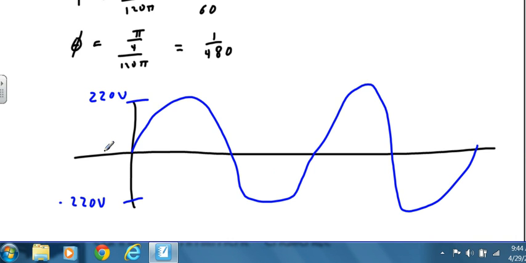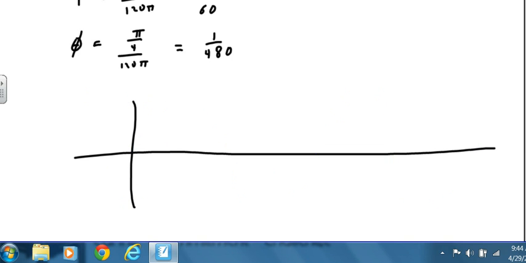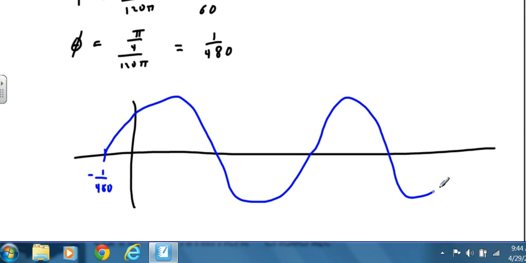So I'm going to have to come back here to minus 1 over 480. And now I'm going to go up, and I'm going to go down 1 cycle, 2 cycles. Okay, so that's fine. So this is going to be 7 over 480.